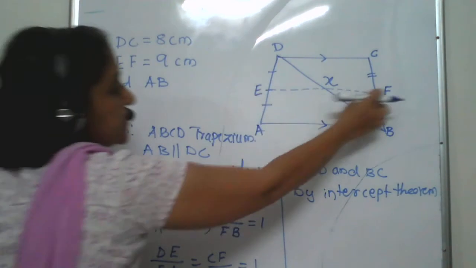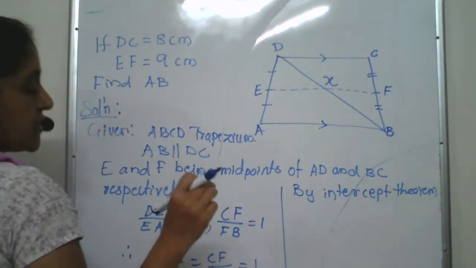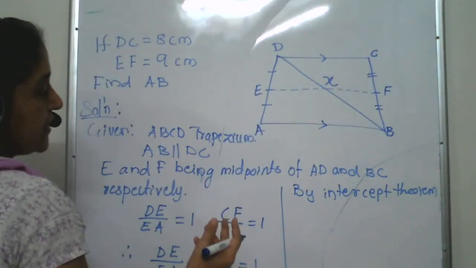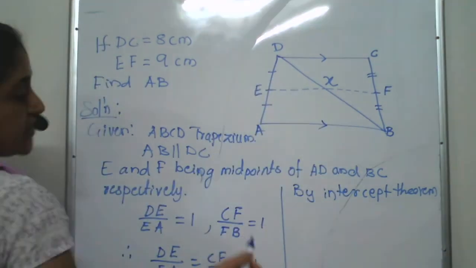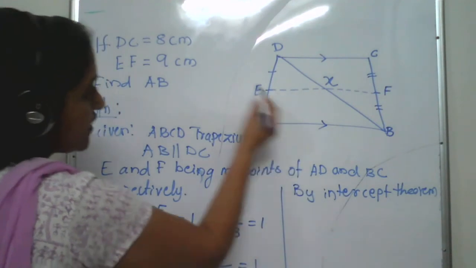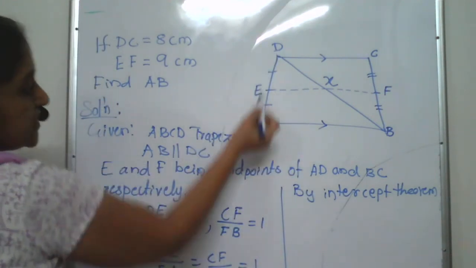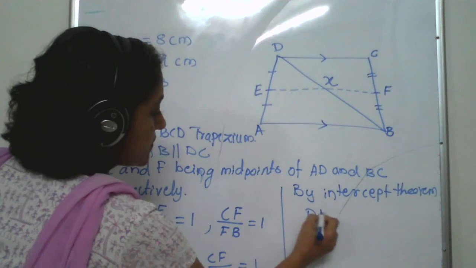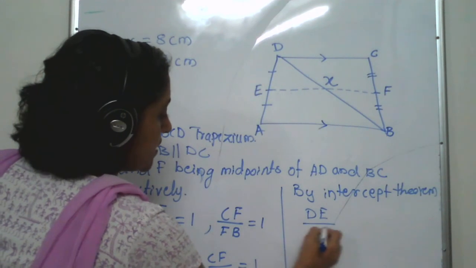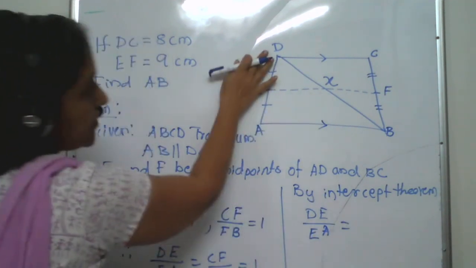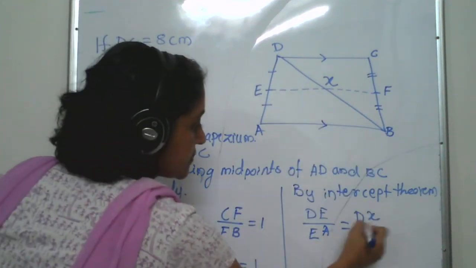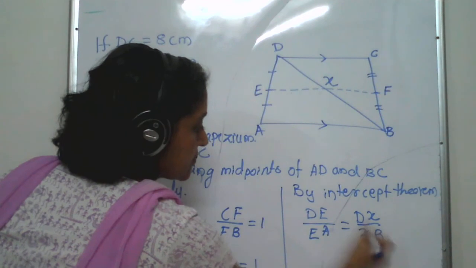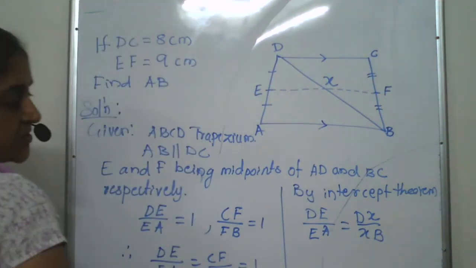Now we have to consider EF also as one of the parallel lines, that is the third parallel line. So in this case we are considering DB as the transversal. By the intercept theorem, DE upon EA is equal to DX upon XB.